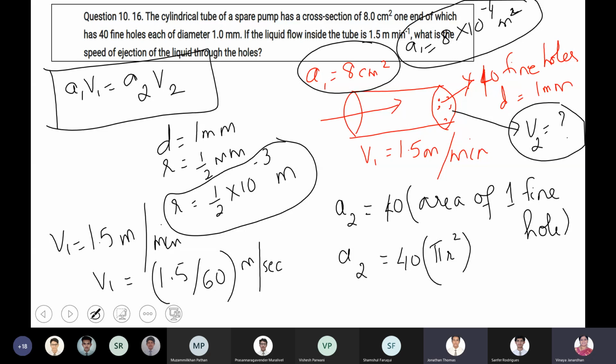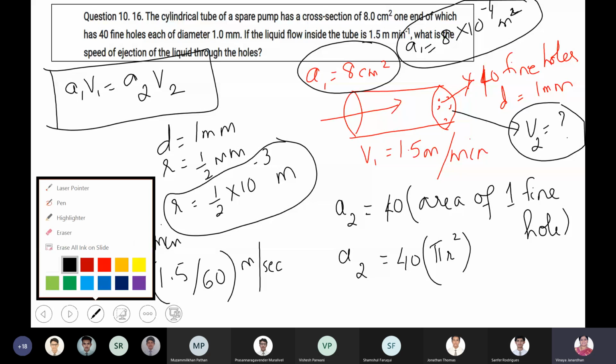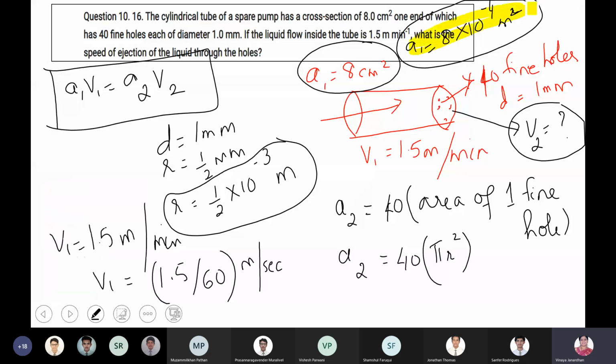Ma'am, this is fine. Boys, I'm converting A1 to meters square. A2, you have to calculate, 40 pi r squared.